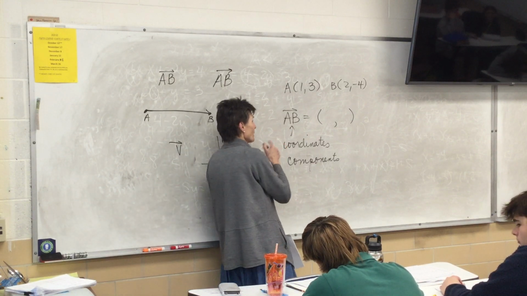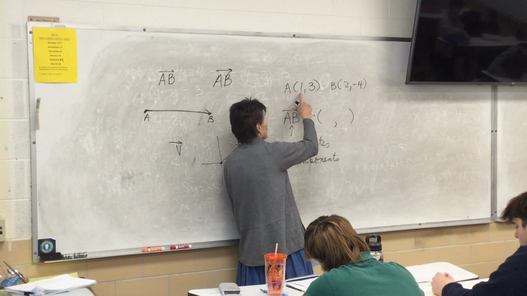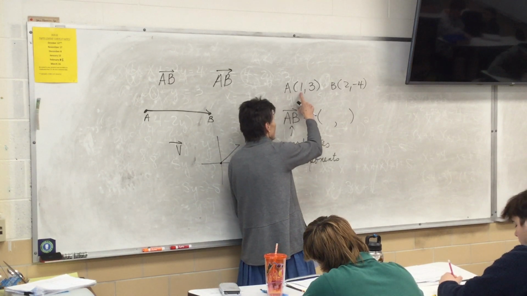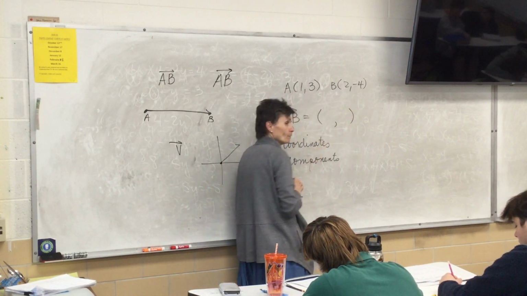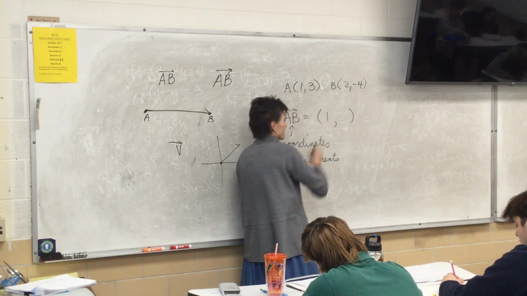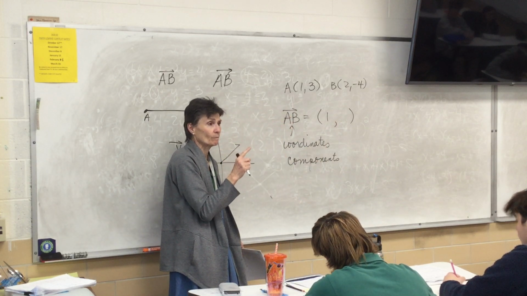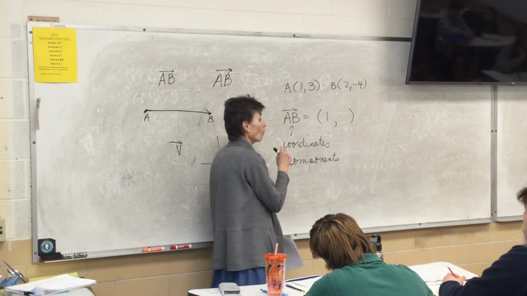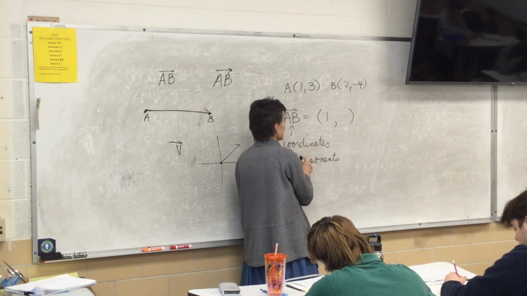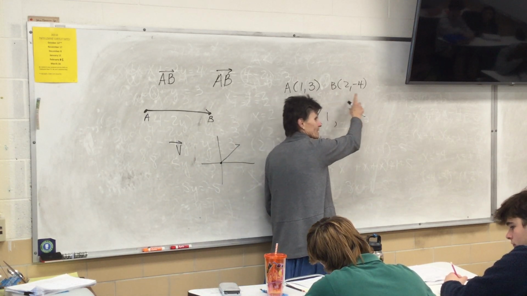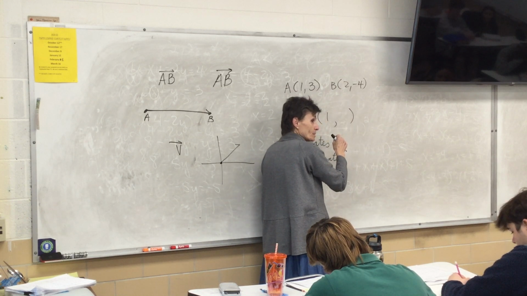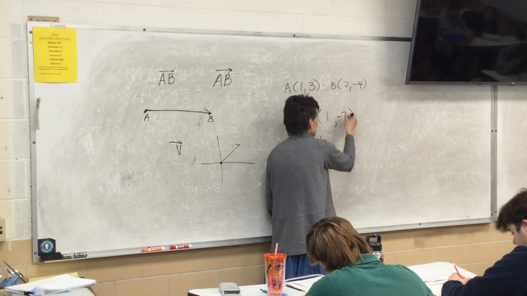So I want you to think about this for a minute. This vector is going in the X direction from 1 to 2, so its X component is positive 1. What about its Y component? It's from 3 to negative 4. So what's that? Negative 7.